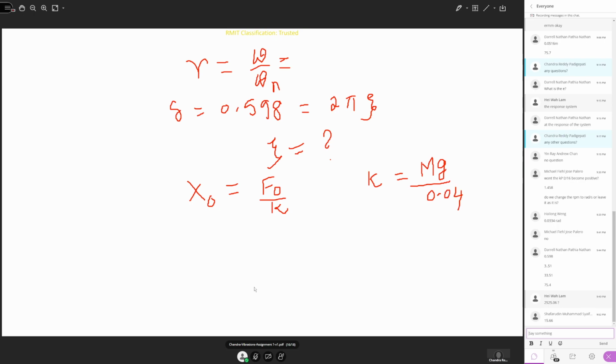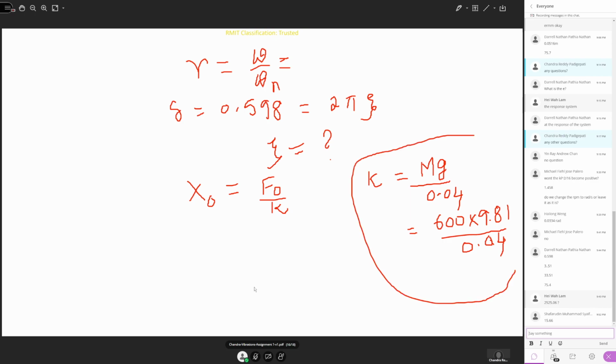So the stiffness is force over displacement. m is the mass of the engine, so 600 kilograms multiplied by 9.81 over 0.04. Okay, so you will be able to calculate the stiffness constant K.